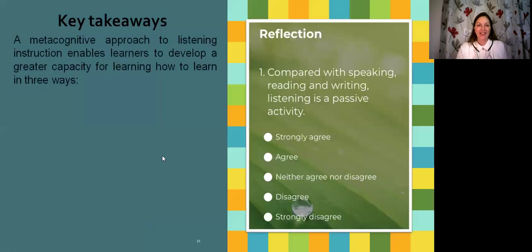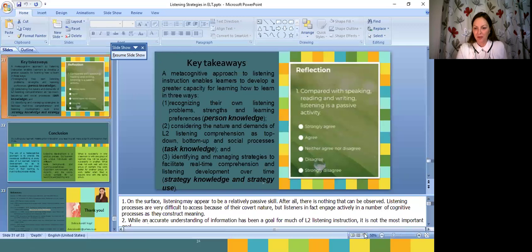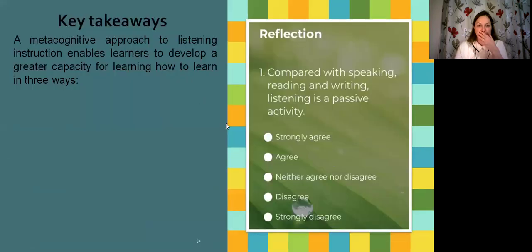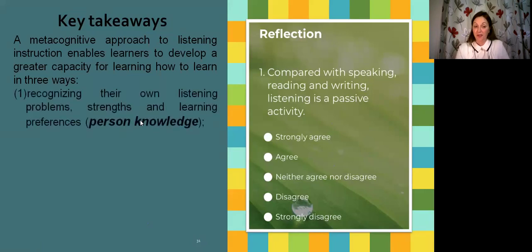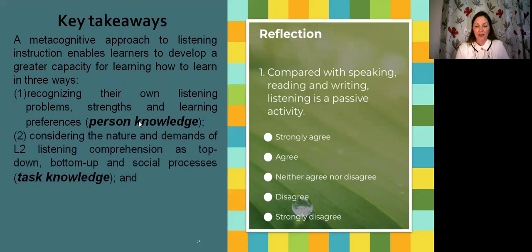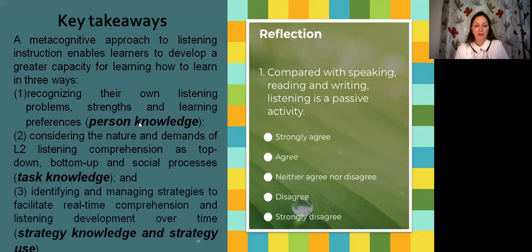Okay, and we can agree that the metacognitive approach enables learners to develop greater capacity for learning how to learn in 3 ways: through person knowledge, through task knowledge, and through strategy knowledge and strategy use.